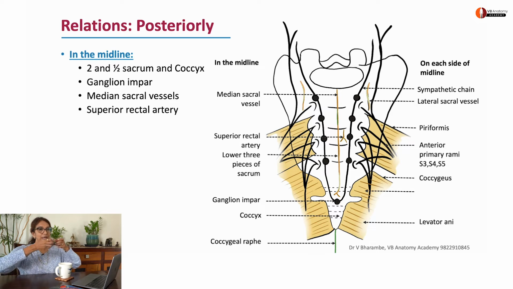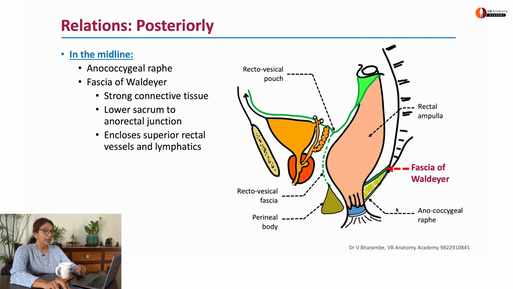Posteriorly, the rectum is related to a lot of midline structures and on the sides. So in the midline, you will find the ganglion impar, the lower 2.5 vertebrae of the sacrum, median sacral vessels, and superior rectal artery. In the lower part, you will find the fascia of Waldeyer and the anococcygeal raphe here. Okay, what is the fascia of Waldeyer?